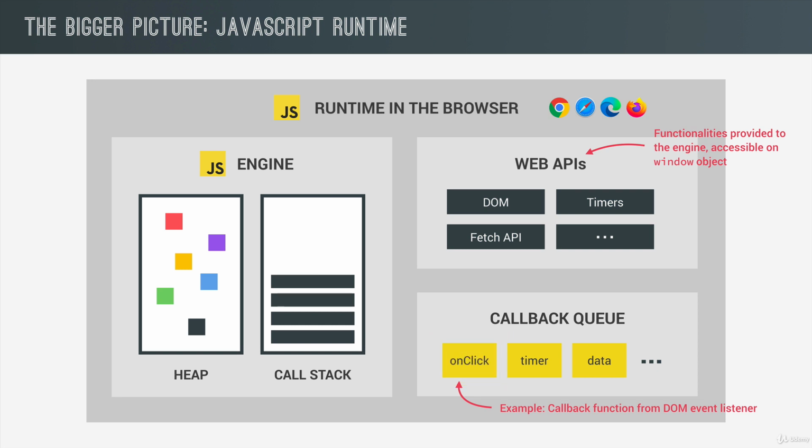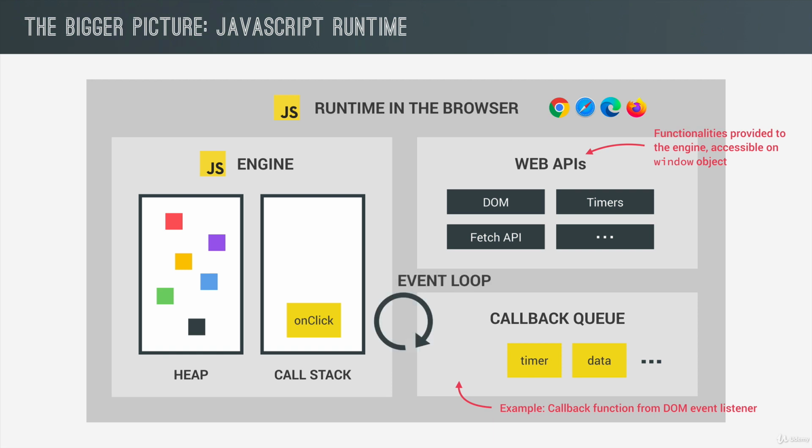And here is how that actually works behind the scenes. So the first thing that actually happens after the event is that the callback function is put into the callback queue. Then, when the call stack is empty, the callback function is passed to the stack so that it can be executed. And this happens by something called the event loop.